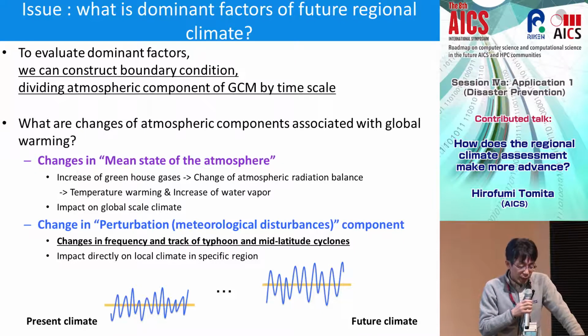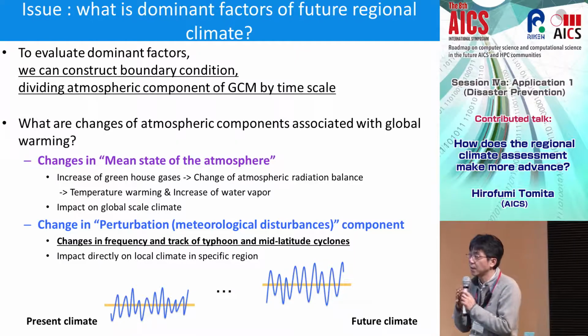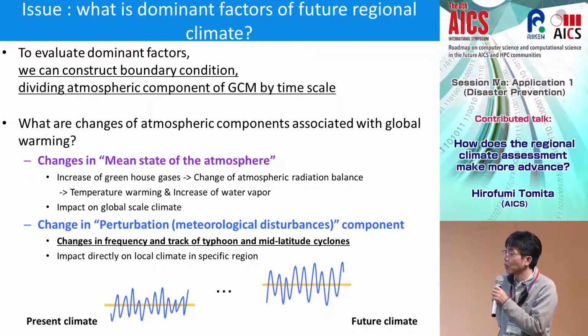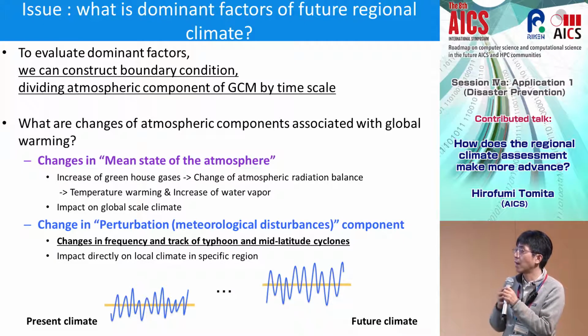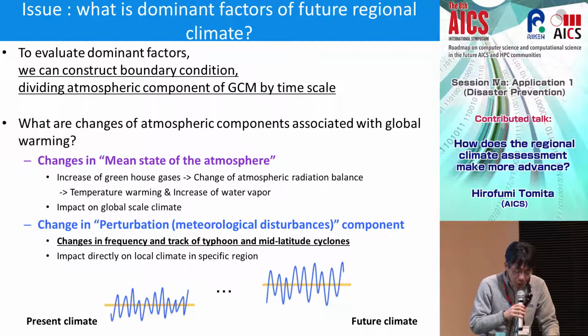So what are the changes of atmospheric component associated with global warming? One is a change in mean state of the atmosphere. Increase of greenhouse gas leads to temperature warming and also increase of water vapor. And as a result, a change of atmospheric radiation balance. Okay. And this is true.